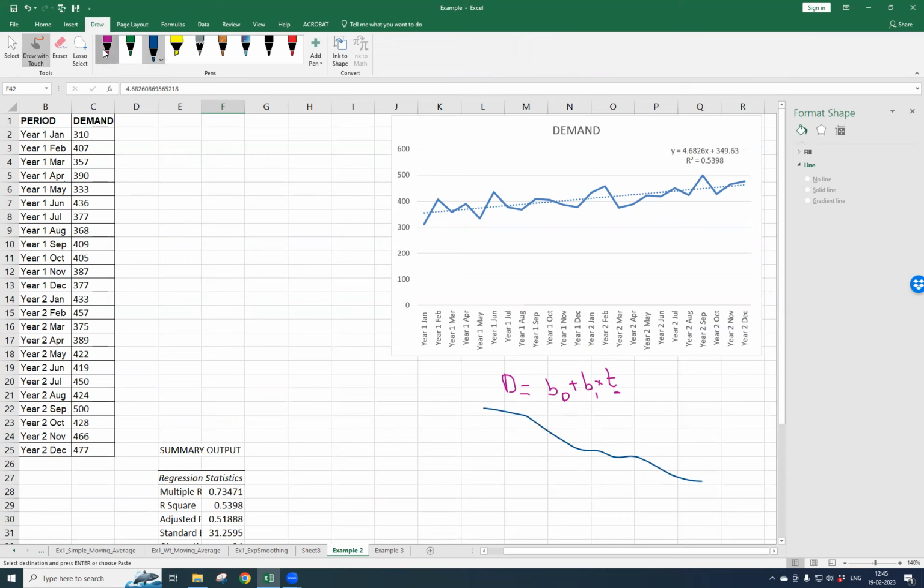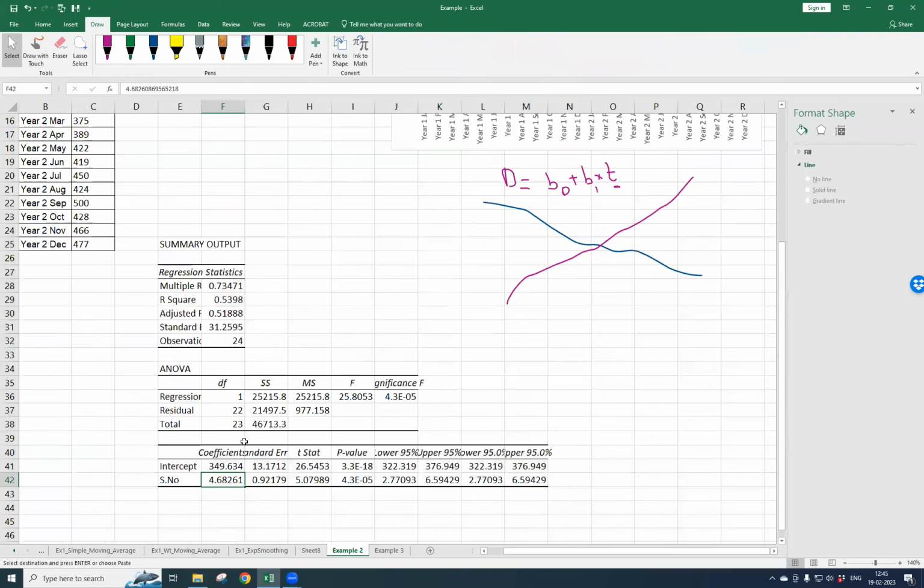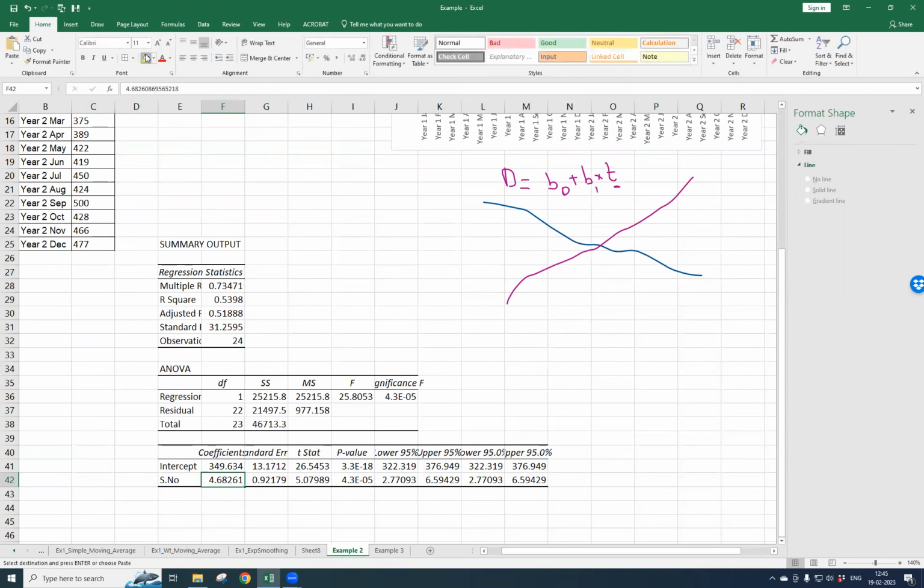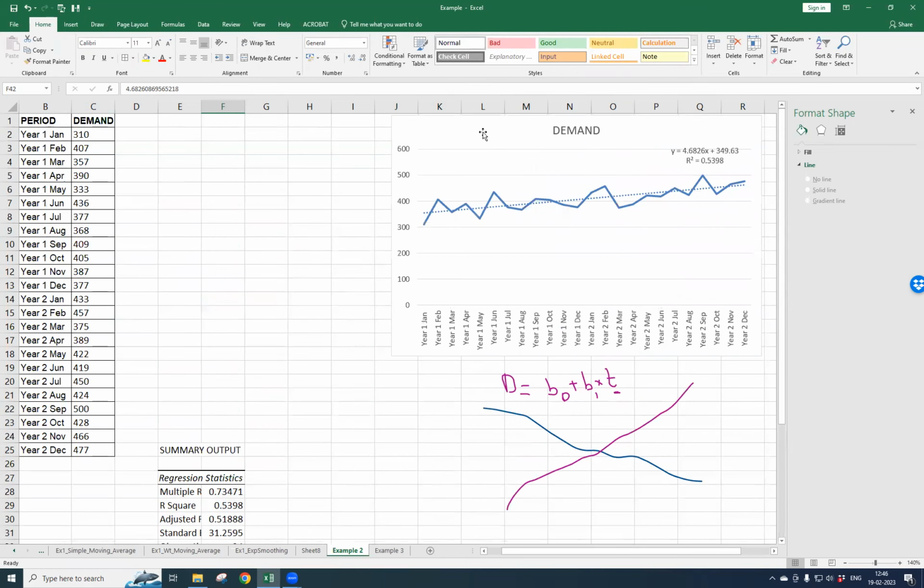If it is positive, on the other hand, it is going up like this. So if this coefficient happens to be positive, then it is an increasing trend. If it is negative, then it is a decreasing trend. Okay. This is with respect to the trend aspect.